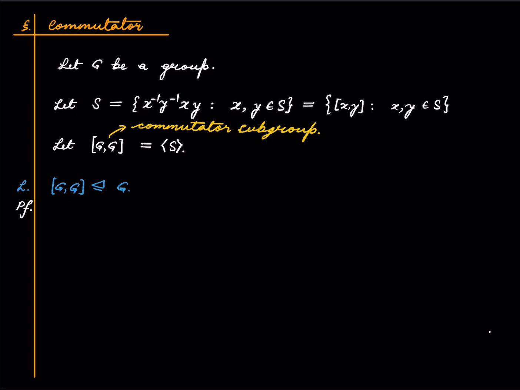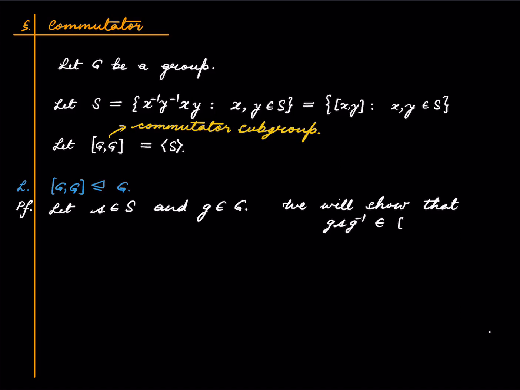So we will use our previous lemma. So let little s in S and fix little g in capital G. We will show that g s g inverse is again in that.